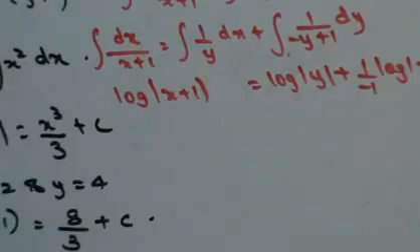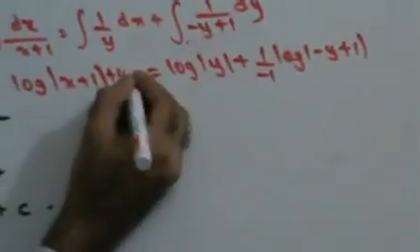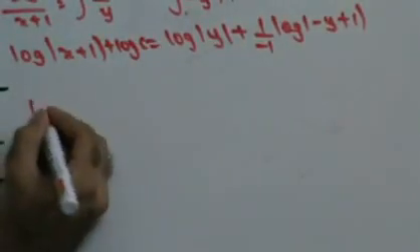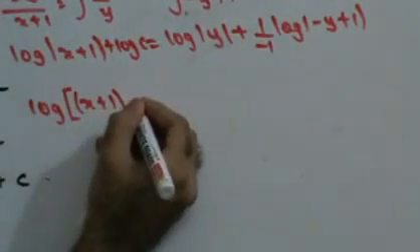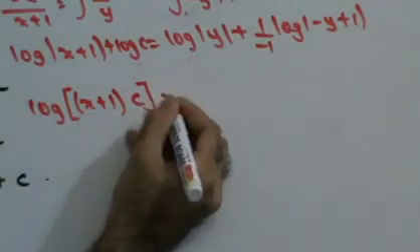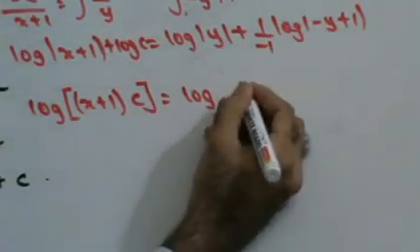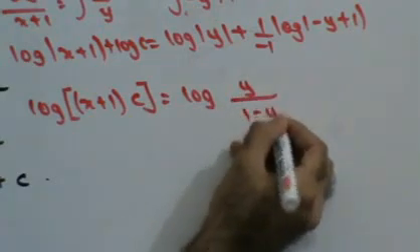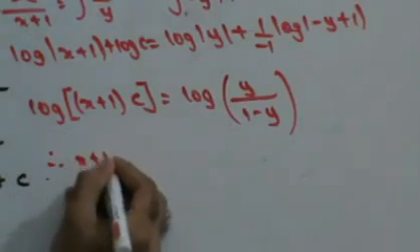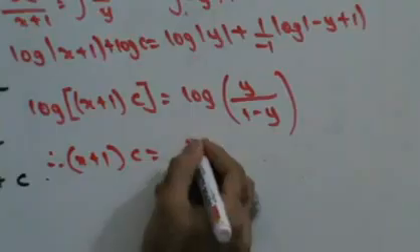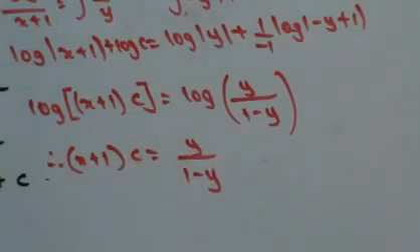Since both the x and the y variable are in terms of log, therefore your constant should also be in terms of log. So I'll get log (x + 1) into c is going to be nothing but log y upon (1 - y). Plus into minus, minus changes to division, right? So log and log get cancelled. So I'll get (x + 1) into c is y upon (1 - y), right?